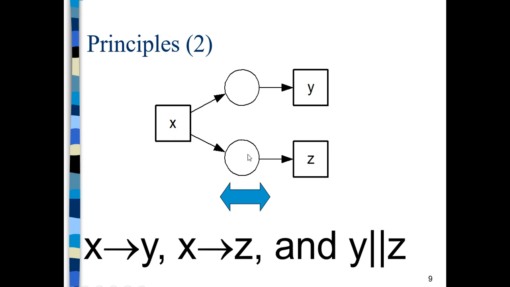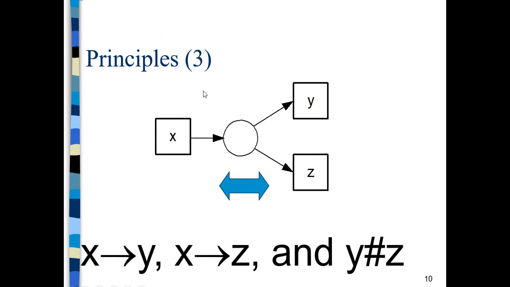For all parallel activities, ProM will generate the Petri net in this form. And this is a choice, because X puts one token here. After that, we have to choose between the activities Y and Z. Because we have just one token, we can go with either Y or Z in each scenario. So this is the representation of the scenario where Y and Z are in an exclusive choice relationship.